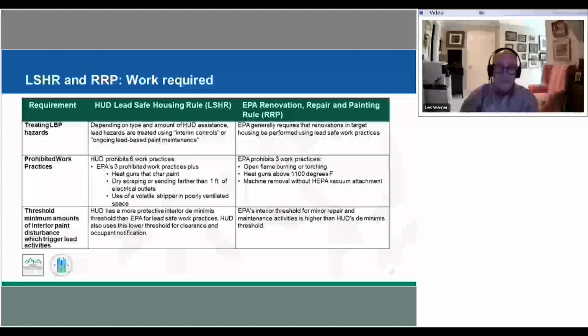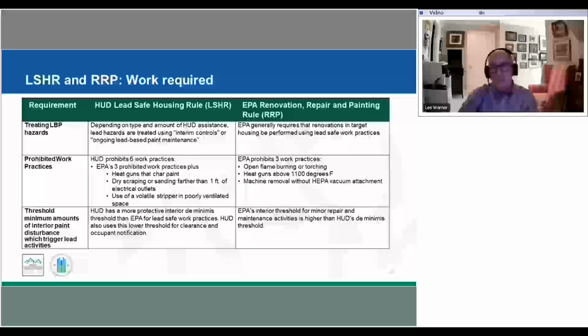Today we're talking specifically about Subpart L for public housing. But as we mentioned, if you were doing tenant-based rental assistance, or actually doing renovation, you could be under Subpart J. It depends on which subpart applies to the type of activity, and that sets the level of evaluation and treatment required.